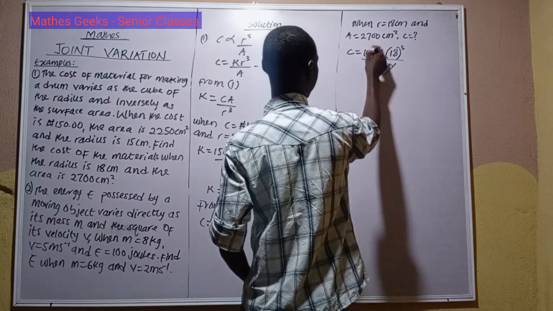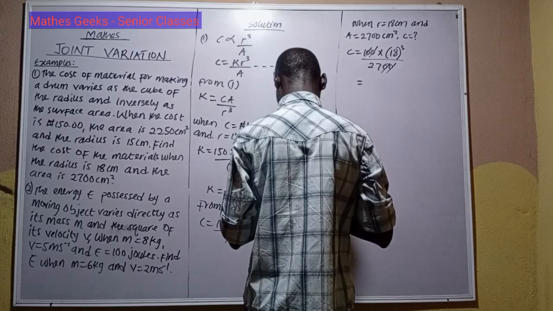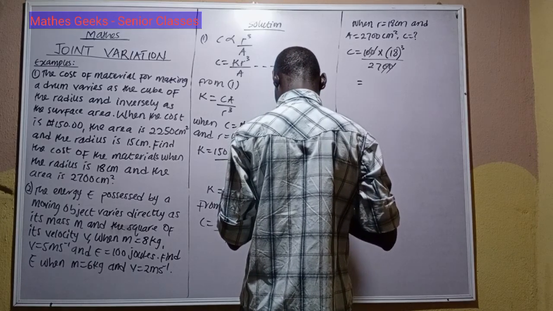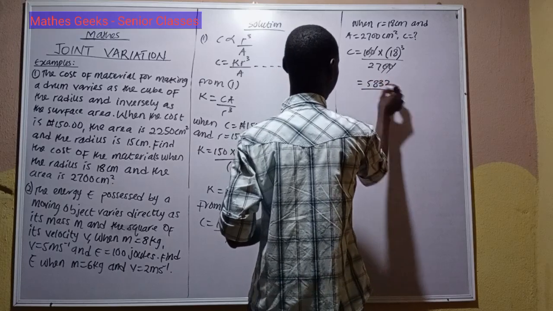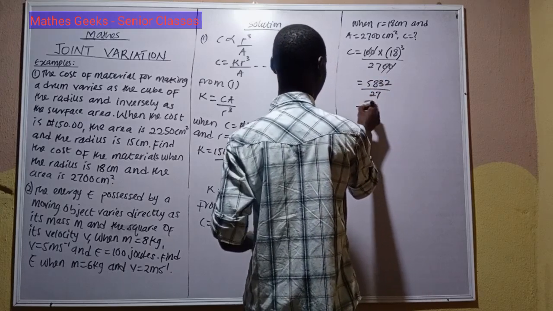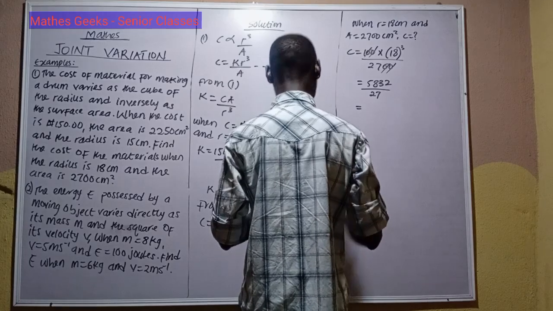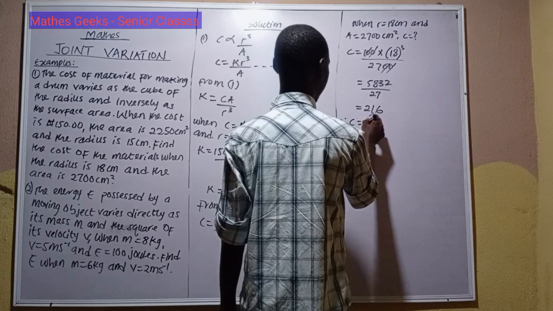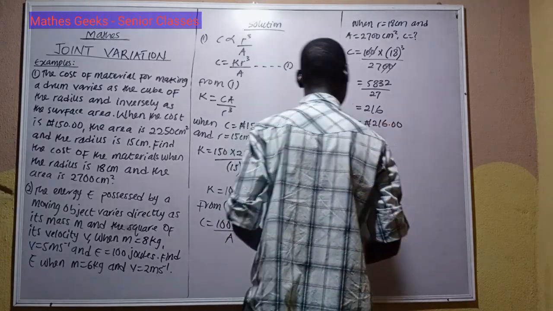So the zeros cancel out, which is 18 squared divided by 27, 216. Therefore, C is equal to 216 naira.